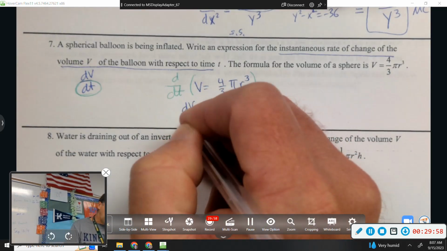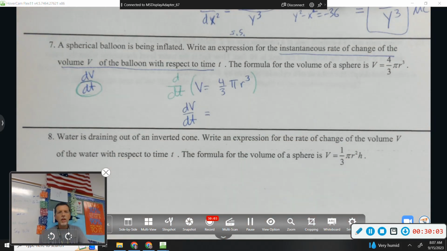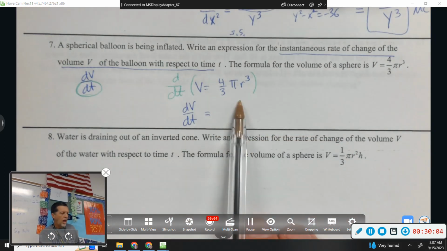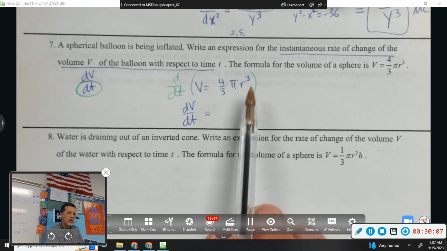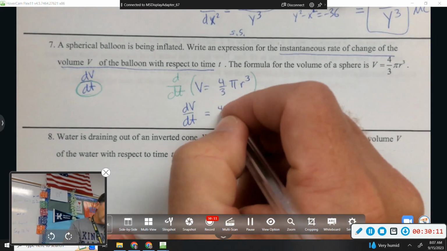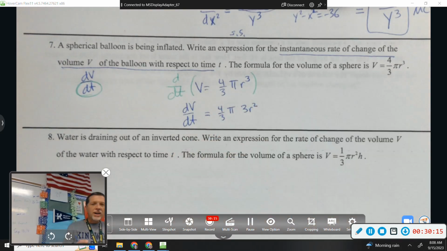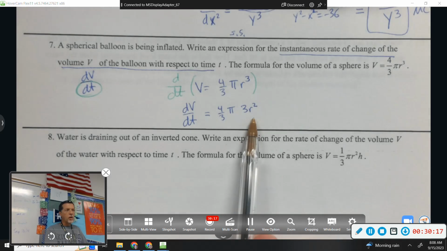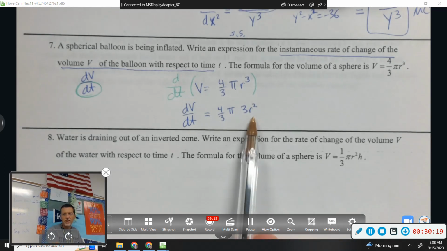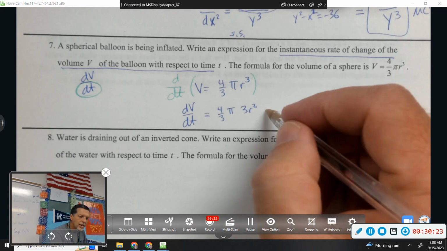That's just dV/dt. How about the derivative of r cubed? 3r squared, so 4/3 pi 3r squared, but I'm not taking the derivative of r with respect to r, because that would just be dr, that'd be 1. I'm taking it with respect to time, so I need a dr/dt.